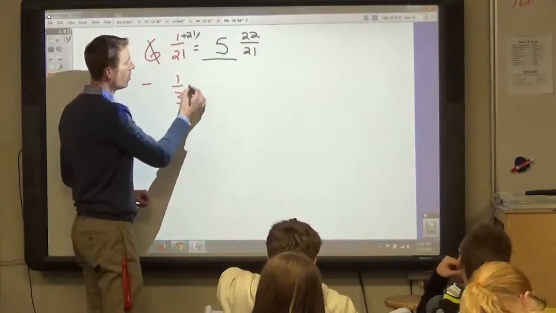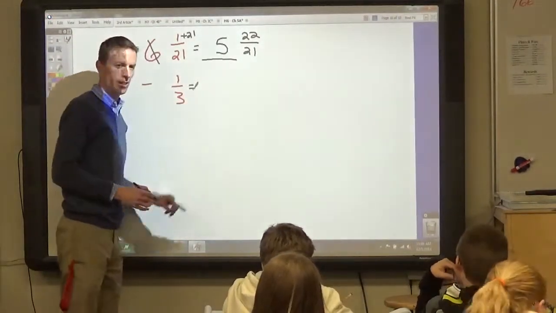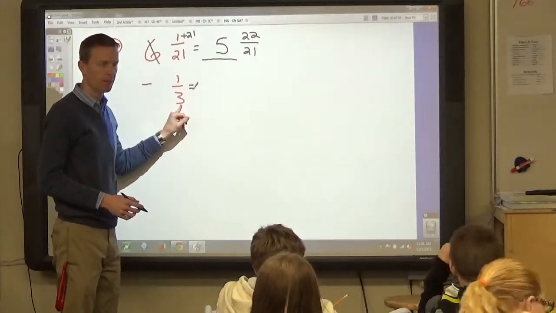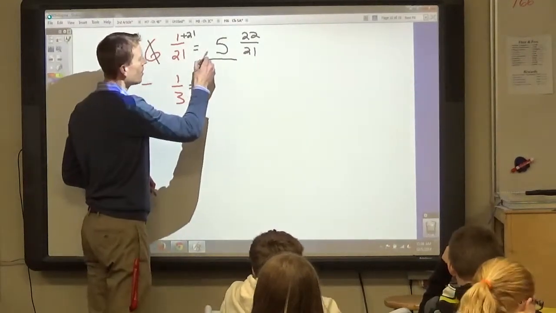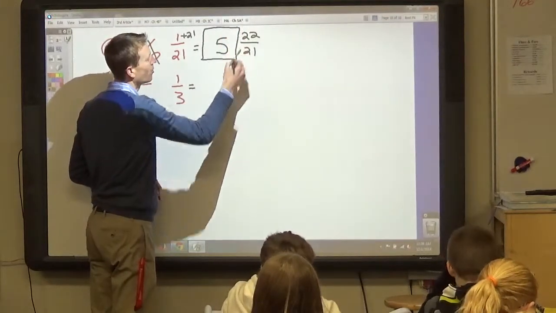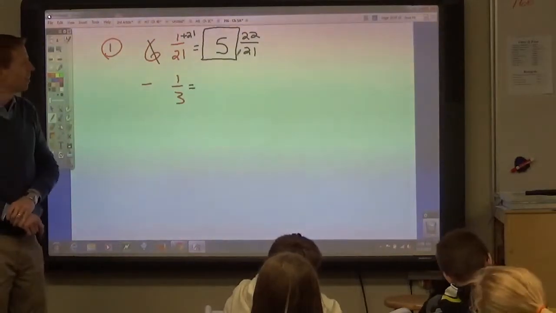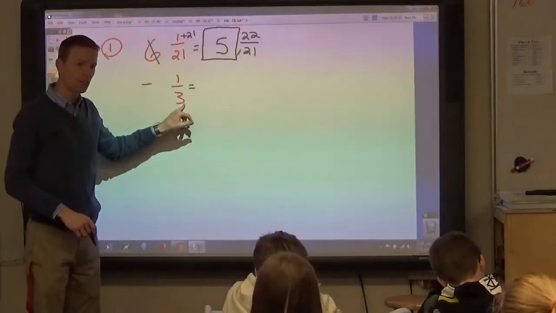Then we don't have 1/3 in 21sts. We have to convert that, don't we? Now, don't be confused. This isn't the fraction bar here. This is the blank that they gave you. Let's convert 1/3 to 21sts.